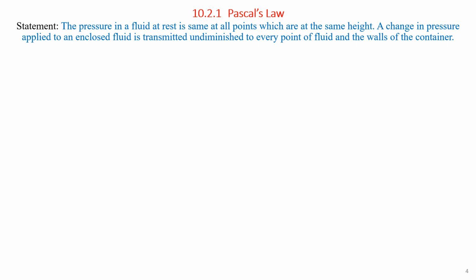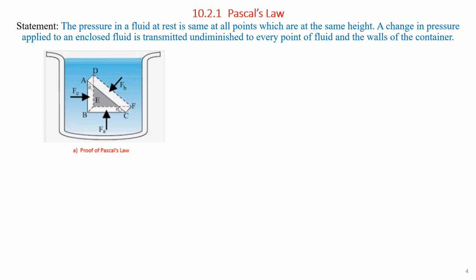Pascal's law. The French scientist Blaise Pascal observed that the pressure in a fluid at rest is the same at all points. This can be demonstrated by immersing a small element, a right angle trapezoid ABCDEF, in a static fluid in a container.